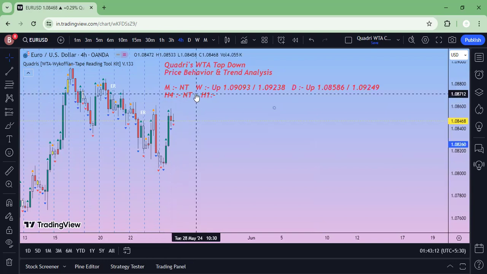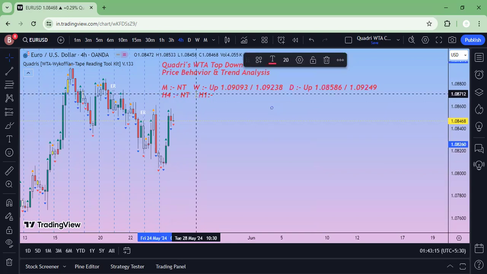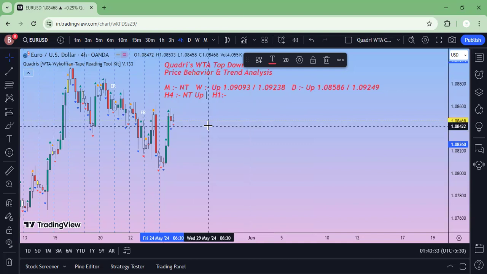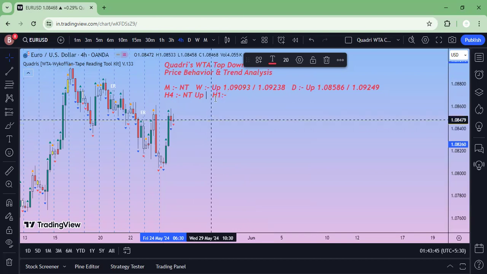So neutral, I'll write two levels. Neutral, up. For up it should hold this particular effort versus result level, 8419.